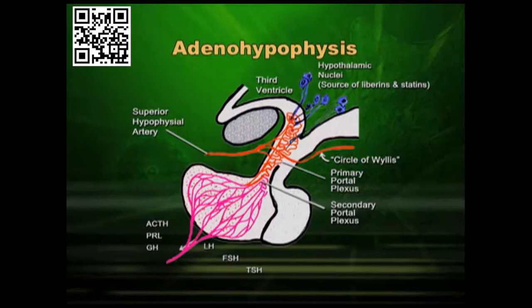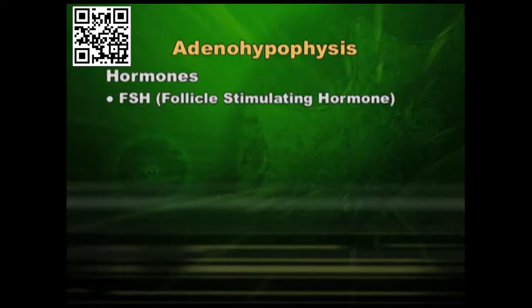Of course, the message comes from the hypothalamus in the form of releasing factors, or in case of prolactin in the form of inhibitory factor. The hormones, if I try to name them: FSH, the follicle stimulating hormone.